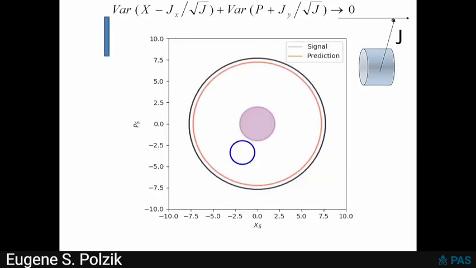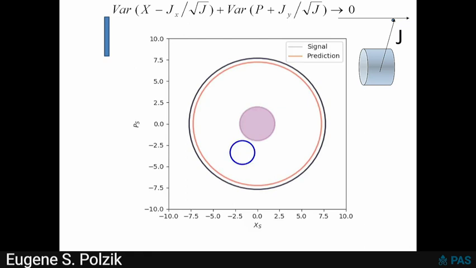Okay, well, I would really love to show you the real-time trajectories of those two oscillators, but I don't think I can do it with this remote. But what you would see would be the two random trajectories of the two oscillators, which follow each other well within the Heisenberg uncertainty.